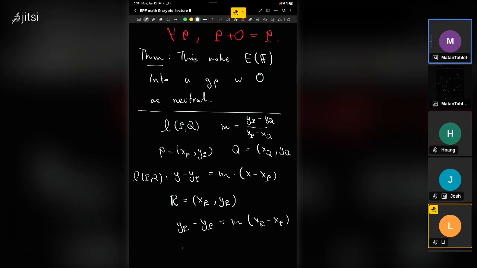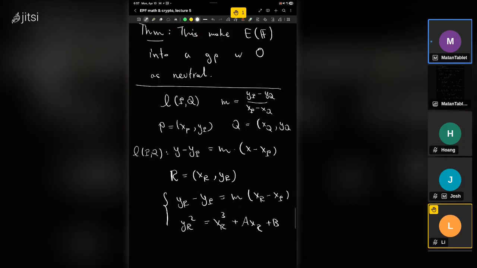So you know that YR squared has to be equal to XR cubed plus A XR plus B. So you have two equations in two variables, and there is a canonical way to solve this system of equations and to get a unique point R.